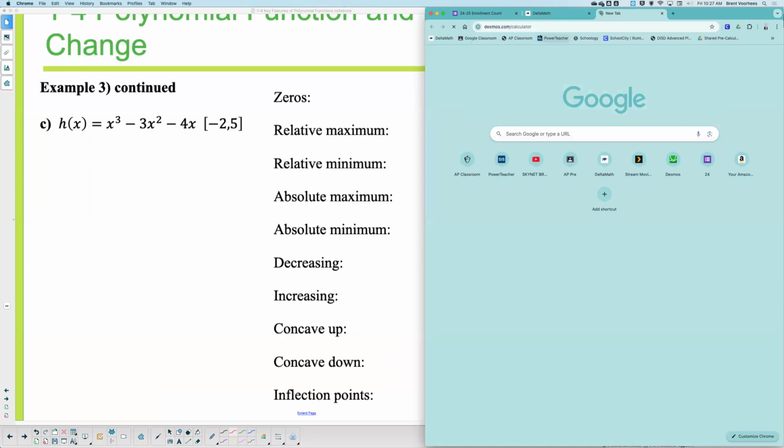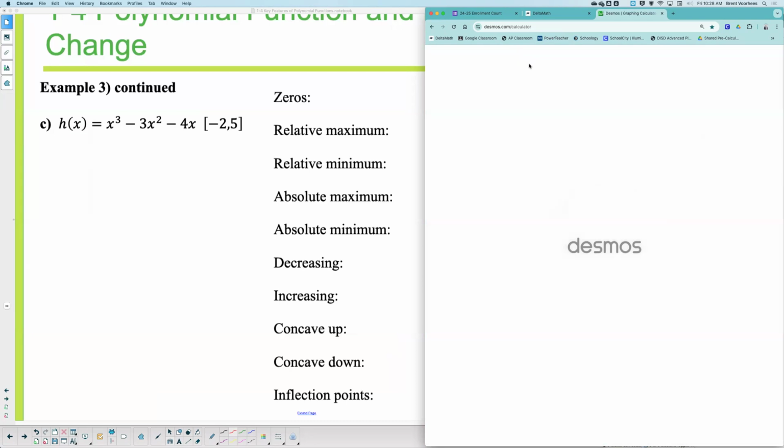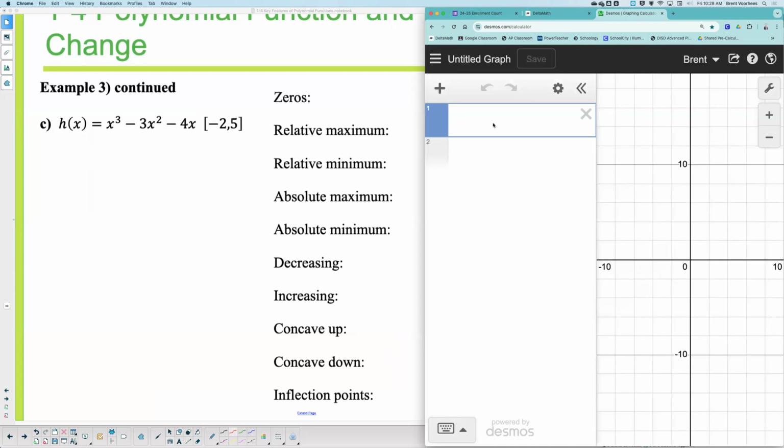Yeah, go ahead. He's got it. That's what I was saying. So go to desmos.com. This is what I recommend for you to use when you're at home without me graphing.